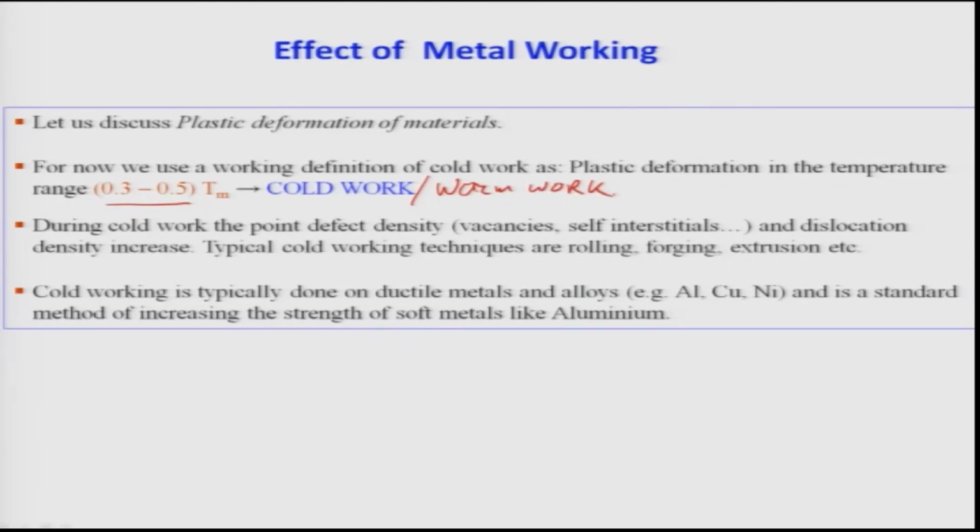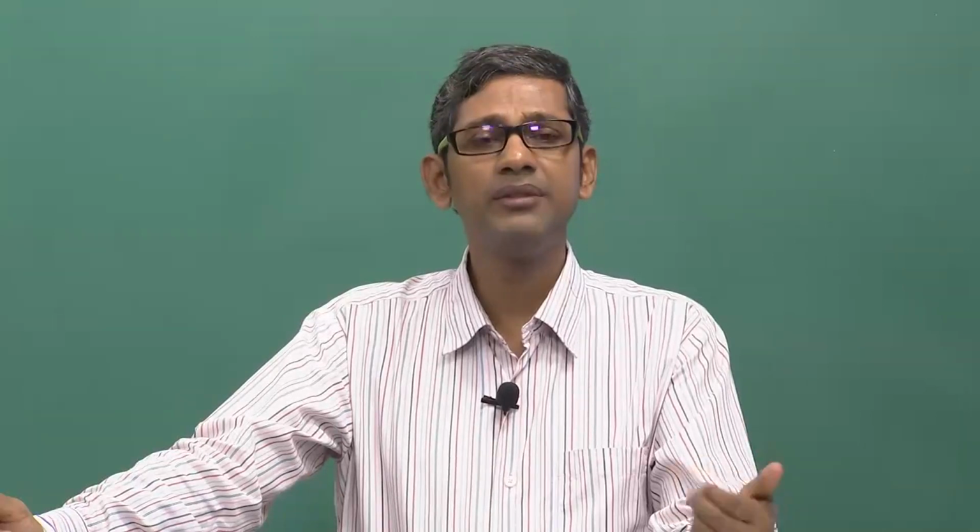In both cases, lots of defects are generated, like vacancies, self-interstitials, dislocations, and this leads to a decrease in the ductility or an increase in the strength of the material, obviously, because if there are more defect structures in the material, deforming it is difficult because it requires more force to deform it further, and that is why strength increases.